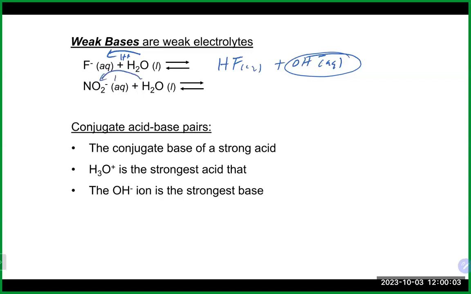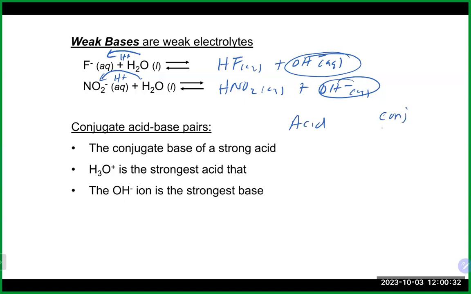Same thing here, it is going to accept the H plus, and it will produce hydroxide over here, right, which will make it a base. This is also very commonly, as you can see, pretty much that weak base. You will always regenerate the acid on the other side as a result of making that hydroxide as well. There is a relationship between an acid and its conjugate partner.